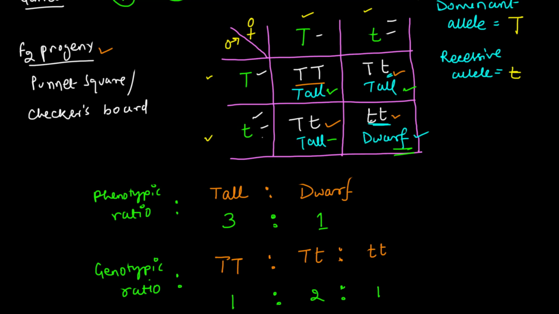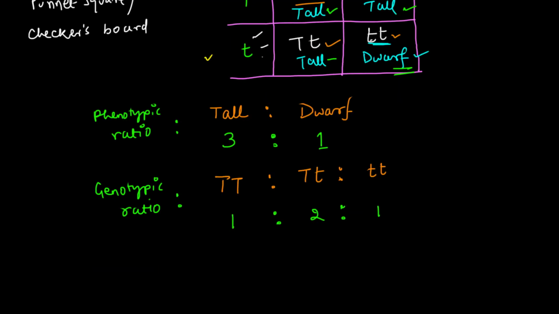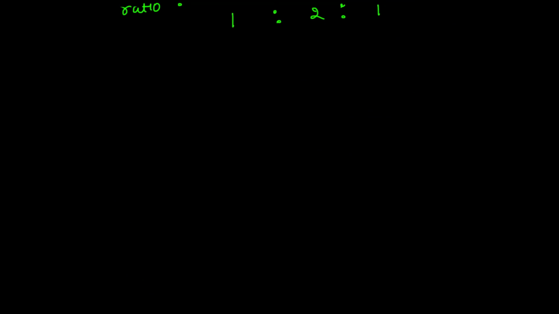What were the conclusions, the generalizations of the laws of inheritance that Mendel proposed from this? There were two of them: the law of segregation, and second, the law of dominance.